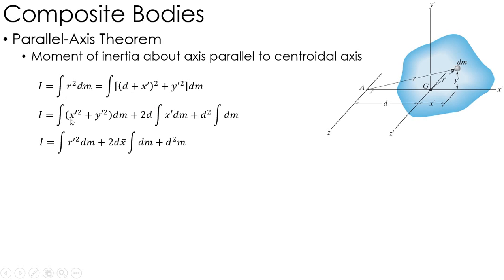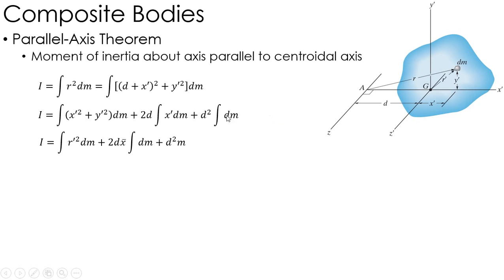Now, x prime squared plus y prime squared, the Pythagorean theorem just tells me that's r prime squared for my centroidal axis. The integral of x prime dm is just x bar times the integral of dm, x bar being the centroid. So if I take the centroid to be x equals 0, basically my centroidal axis here, this middle term will go away.